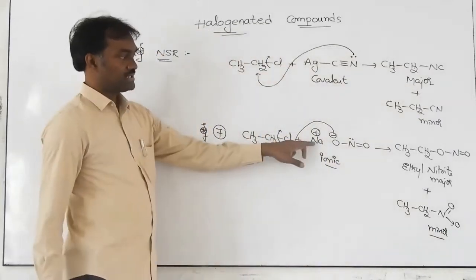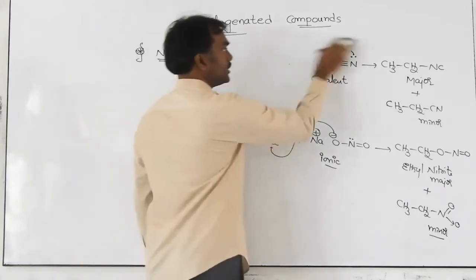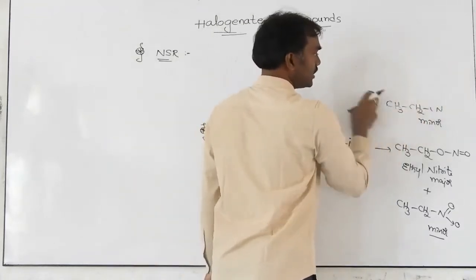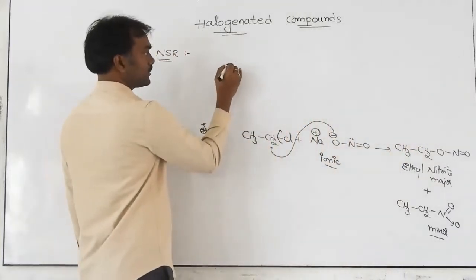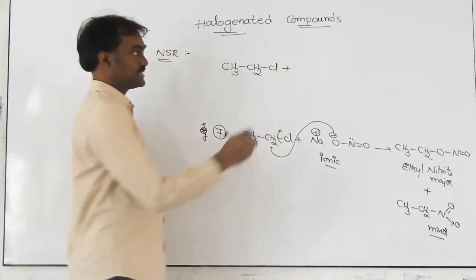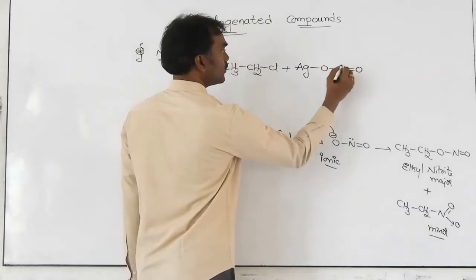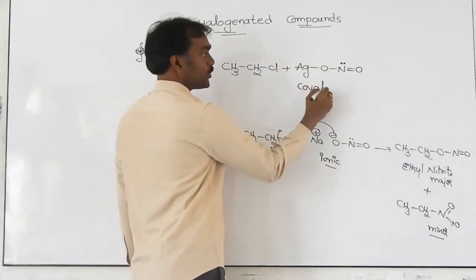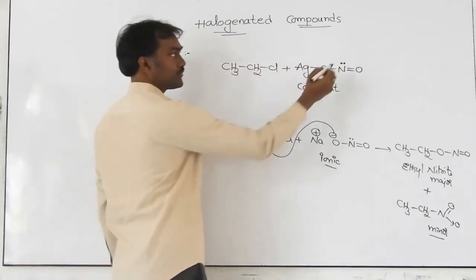Suppose in the same thing, instead of sodium, you take silver. Silver is nearer to pseudo-octet configuration, so according to Fajans rules it shows covalent character. You take CH3CH2Cl treated with silver nitrite, AgO N double bond O. Between silver and oxygen you have covalent character, so the more powerful nucleophile is the lone pair only.